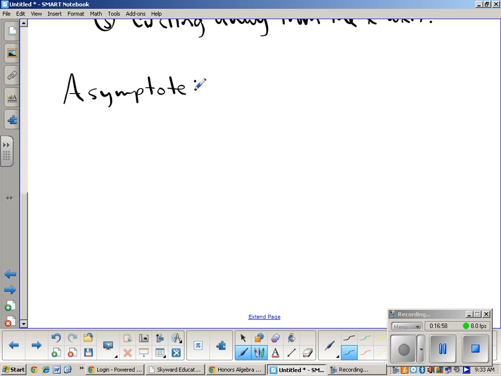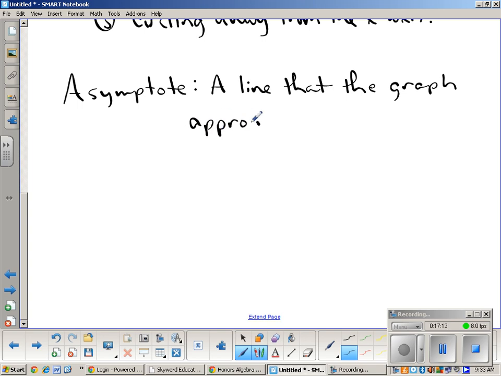An asymptote is a line that the graph approaches but will never touch. Okay? It's a line that the graph will approach but never touch.